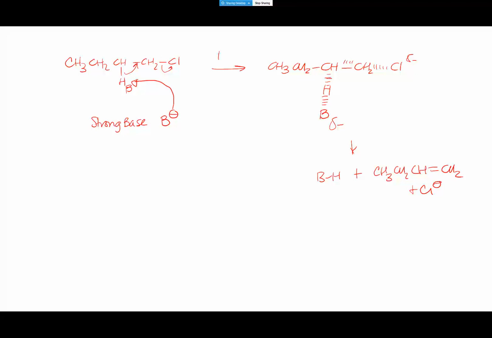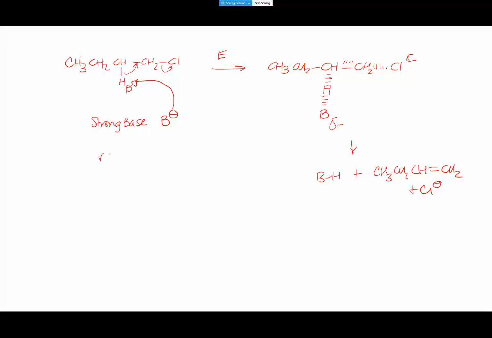So this is elimination. If we went back to all of the kinetics we talked about, since this is a concerted one-step mechanism, the rate would be dependent on the concentration of the base and the alkyl halide.